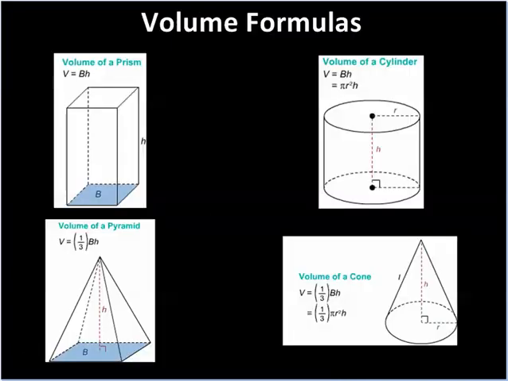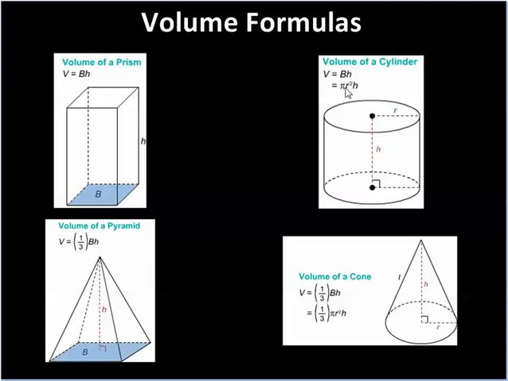Here are some of the volume formulas that we are accustomed to now that we learned in Unit 2. The volume of a prism is just the area of the base times the height of the prism. We've got the volume of a cylinder, and capital B is always the area of the base of the prism, cylinder, pyramid or cone.